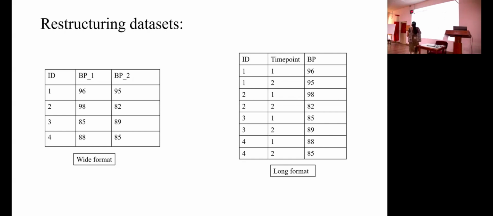So when you have repeated data, you melt these different columns into 2 columns, with a common variable called BP and the corresponding time points. This is restructuring the data set from wide to long format.